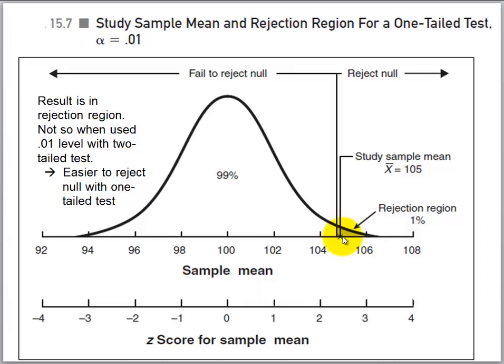Our study sample result was 2.5 standard deviations above the mean. It's in the rejection region. Therefore, we reject the null.